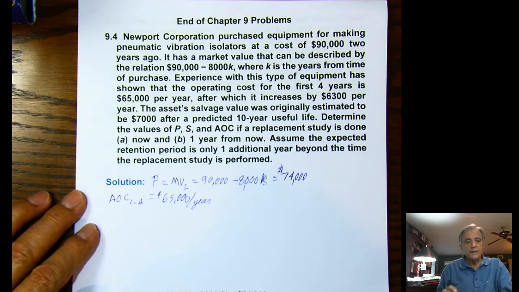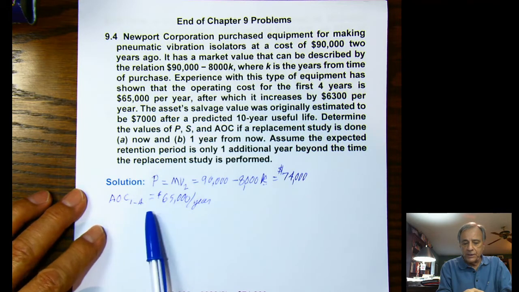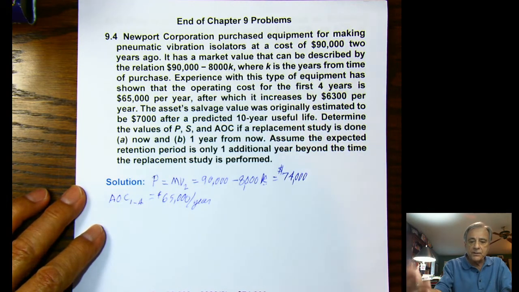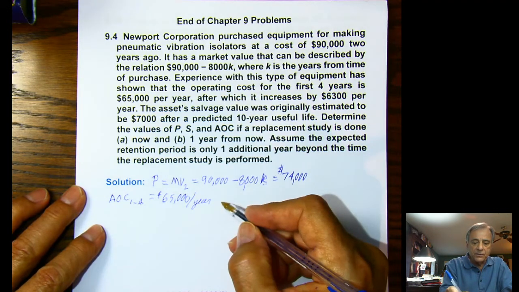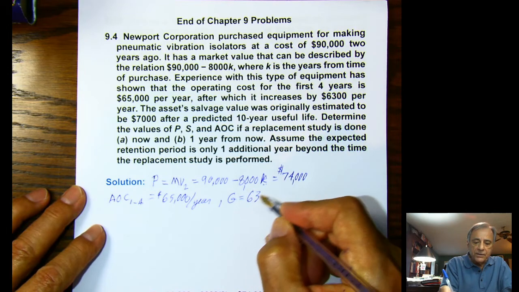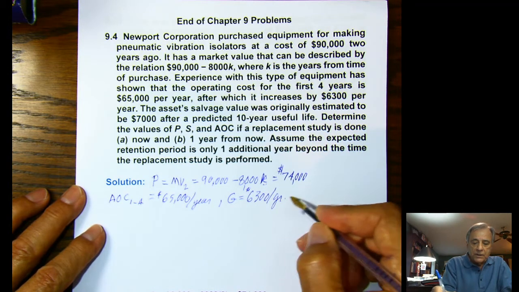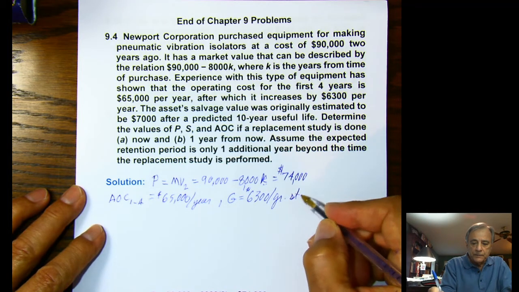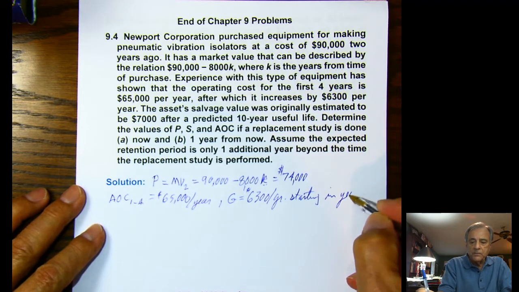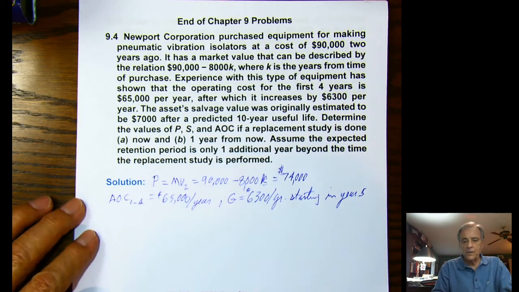And so after year 4, starting in year 5, it goes up by a constant amount, which is G equals $6,300 per year, starting in year 5.